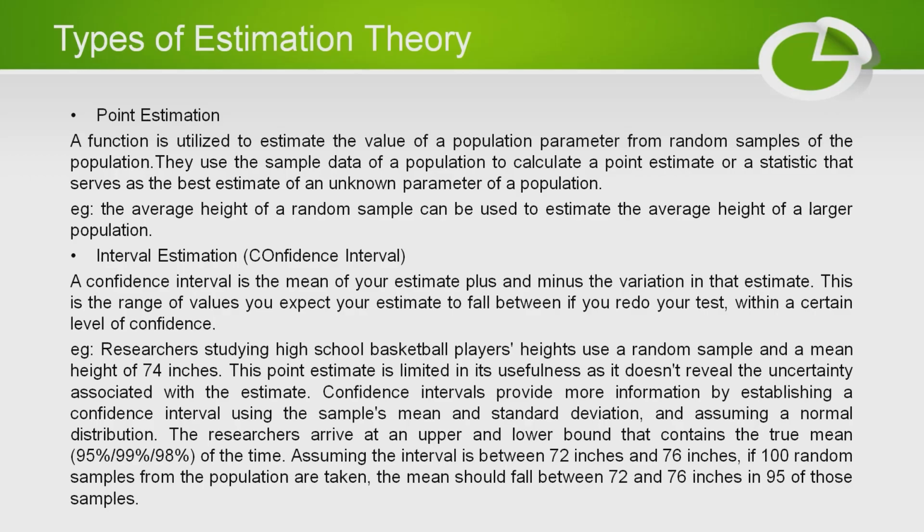The confidence interval provides more information by establishing an interval using the sample's mean and standard deviation and assuming a normal population. The researchers arrive at an upper and lower bound that contains the true mean, with confidence levels such as 95%, 99% and 98% of the time. Assuming the interval is between 72 inches and 76 inches, if 100 samples from the population are taken, the mean should fall between 72 and 76 inches in 95 of those samples.